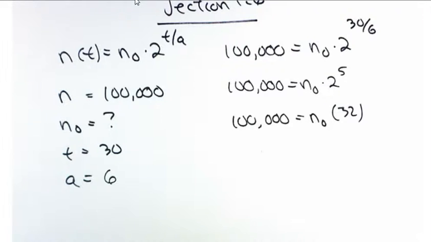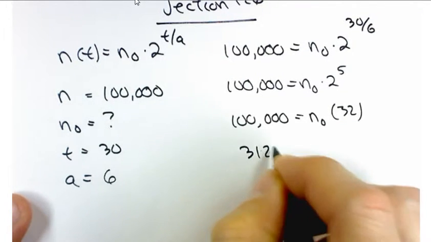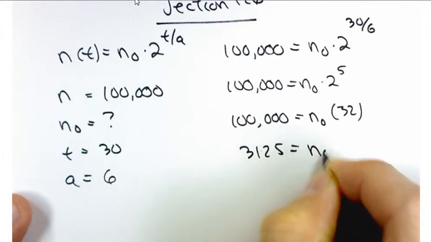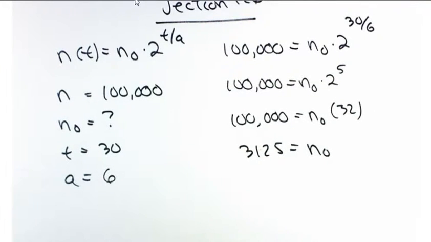Wow, we don't even have to use any logarithms or anything fancy like this to solve. It's just a matter of dividing both sides by 32. I think a few of you are ahead of me on that one. 3,125. Exactly. All right.